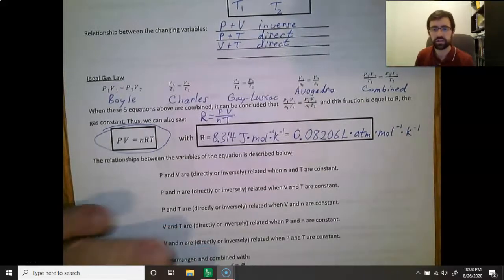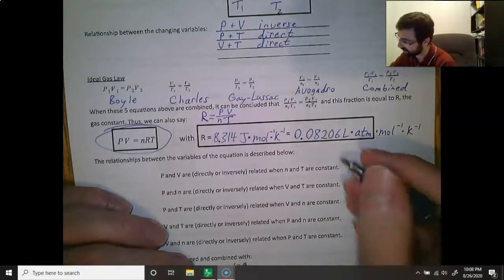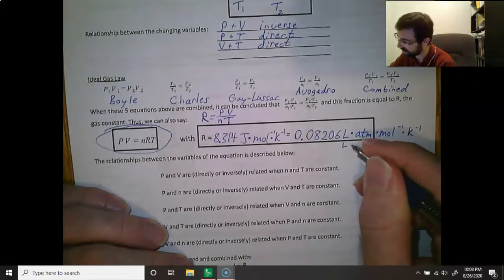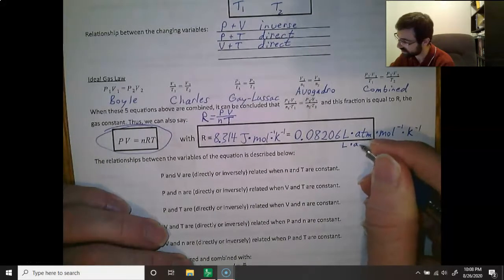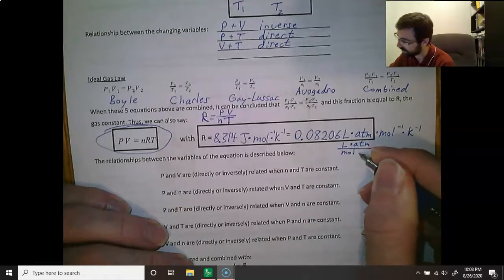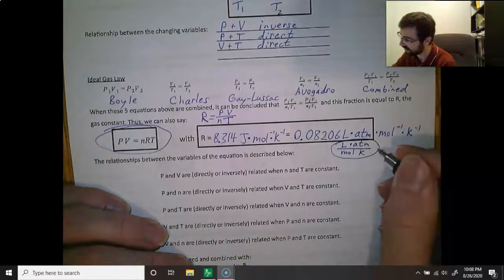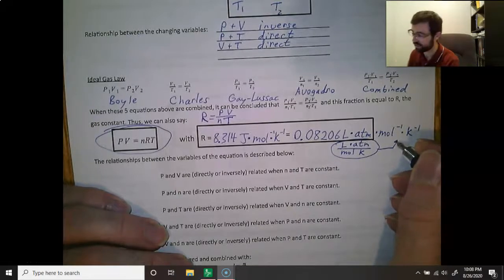So liters times atmospheres divided by moles divided by kelvins. You've probably seen it written that way. This is probably the way we wrote it last year: liter atmospheres per mole Kelvin. It means the same thing. So when you see these units, just know that they're the same as those units up there.